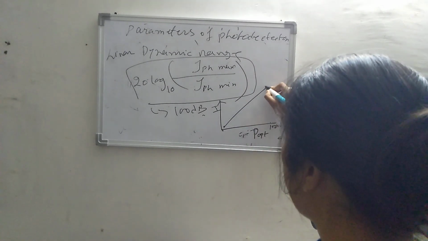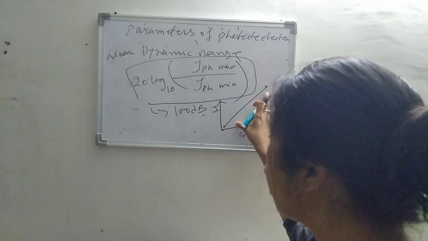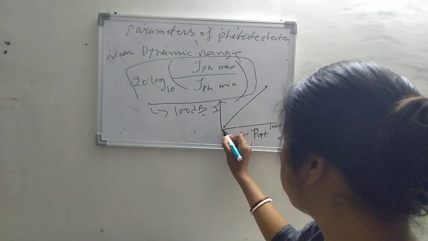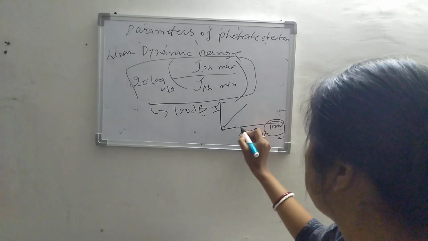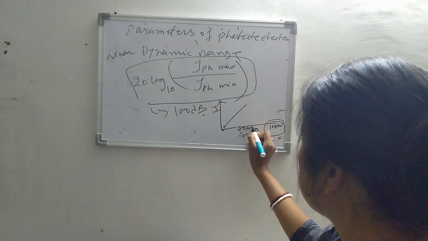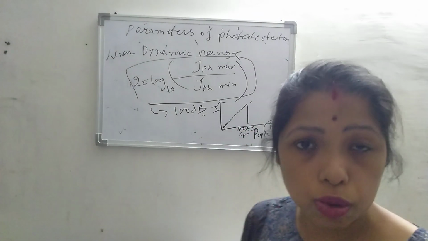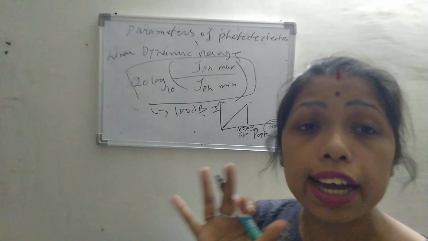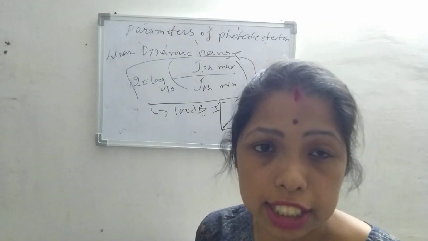This is the wider linear dynamic range, 100 dB. But in the other case you are not getting any response at 100, only at 100 microwatt you are getting a response. That is the smaller dynamic range. That is the linear current response over a wider optical intensity.